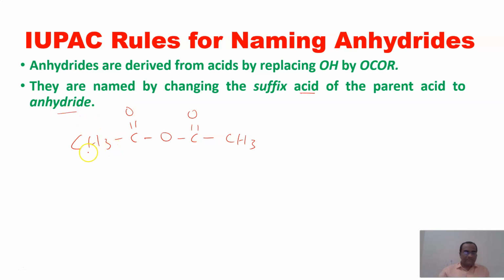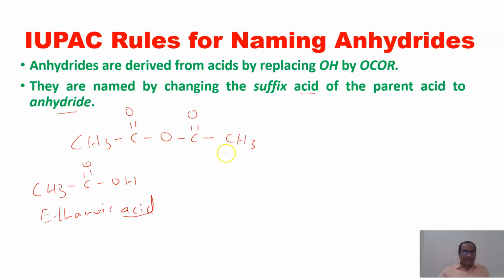The name of this compound as per an acid, suppose for example I will draw one more acid structure. The name of this compound acid is ethanoic acid. In case of a carboxylic acid derivative, we have seen this example, that is ethanoic acid. Now what I have to do is remove this acid, and instead of that write anhydride. But both the ends are similar, right?